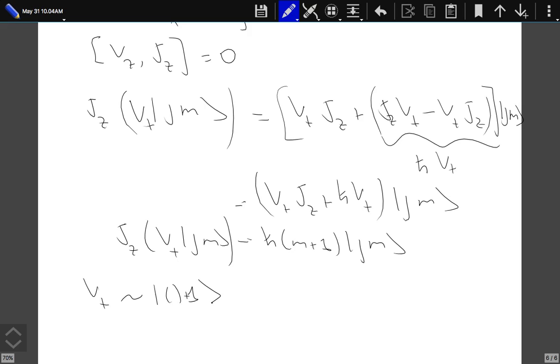If you take their product, you obtain a state that has a z component of angular momentum m plus 1. So this relation over here is just like that. In that sense, V plus is like a ket which has the m value plus 1. And if you do the same thing with V minus, you get the other side.